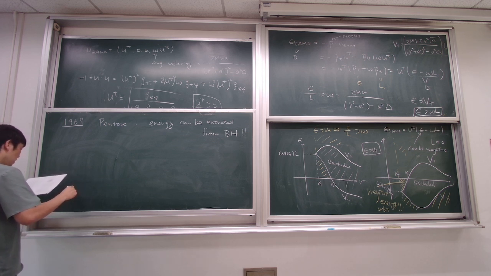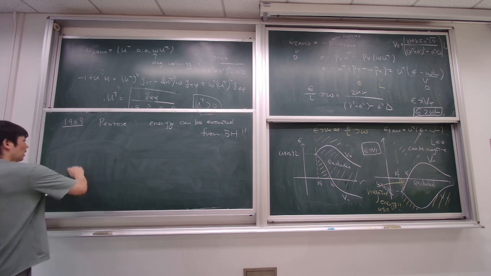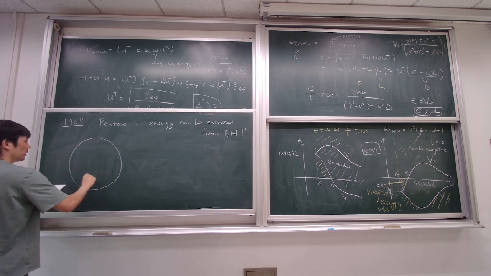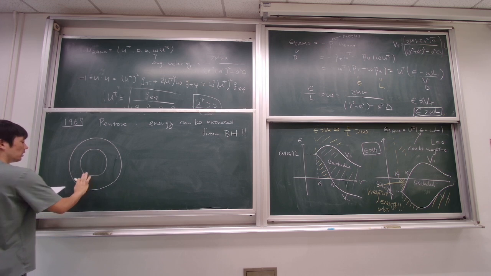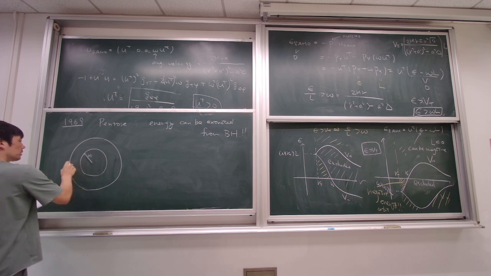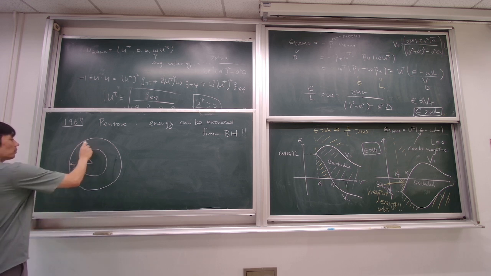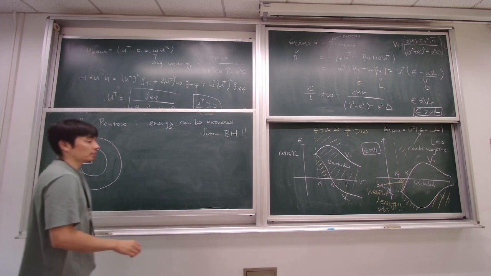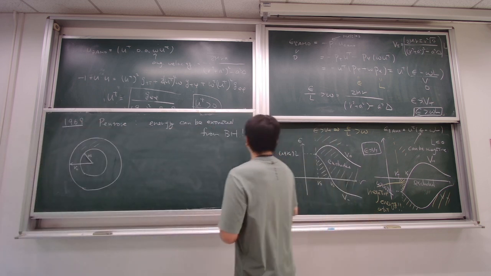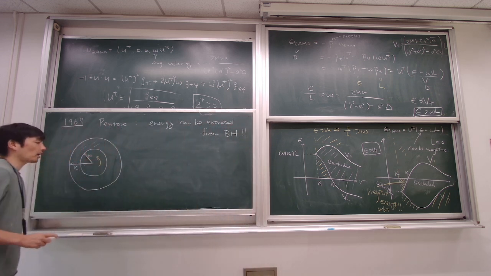So, you have the ergosphere and then the outer horizon, R plus and R0, and this is the ergosphere. This part is the ergosphere, and as I mentioned, here we talk about a rotating black hole.